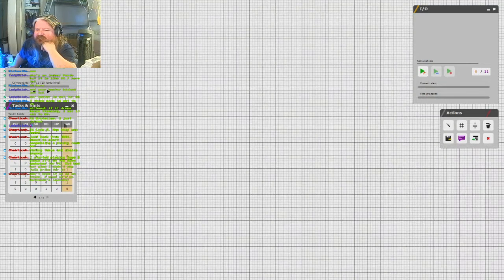Aha! Here's the truth table that I wanted. Okay, so I need... Where's my output? Input, input, input, input. Okay, so this is my output. My outputs.